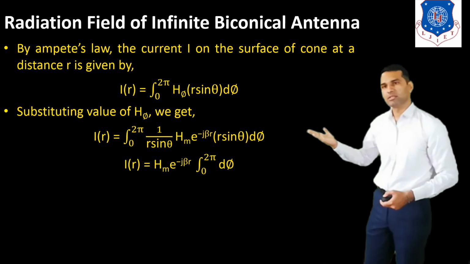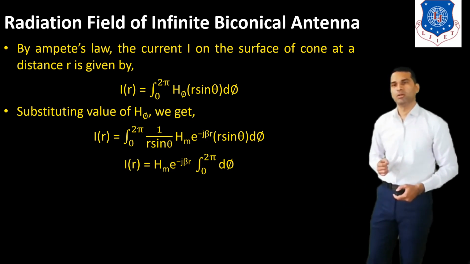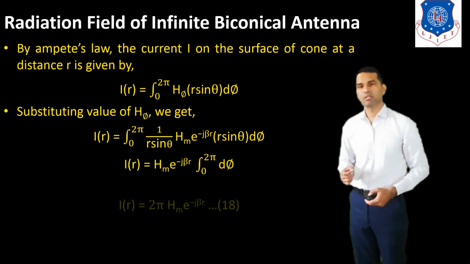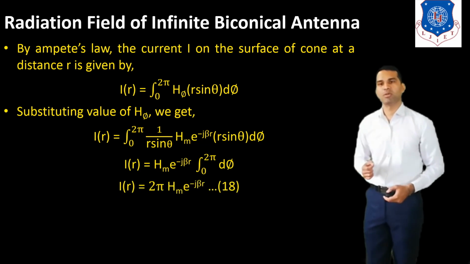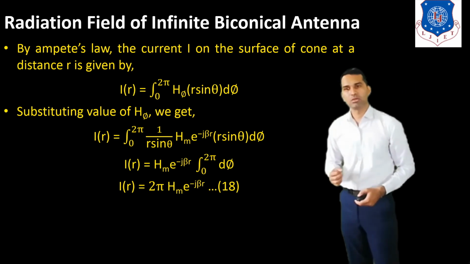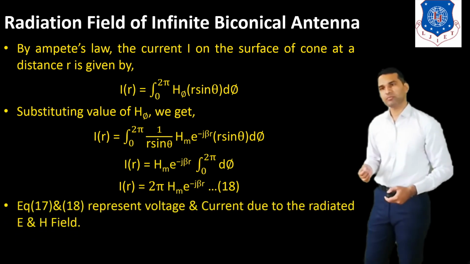Taking Hm e raised to minus j beta r common, I(r) equals Hm e raised to minus j beta r times the integration of d phi. When we take the integration, we get I(r) equals 2 pi Hm e raised to minus j beta r.